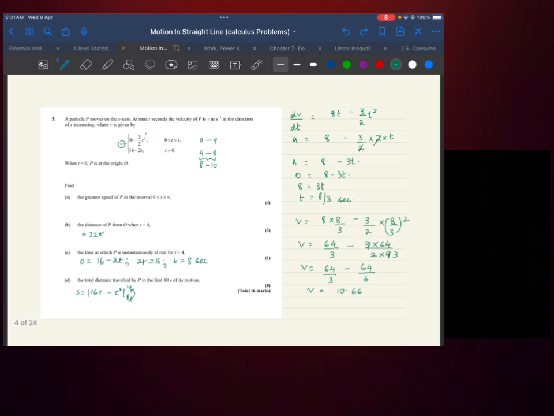So basically total displacement for part D is 32, which is 0 to 4, 32, plus 16t minus t square, 8 to 4, plus 16t minus t square, 10 and 8, upper limit, lower limit.